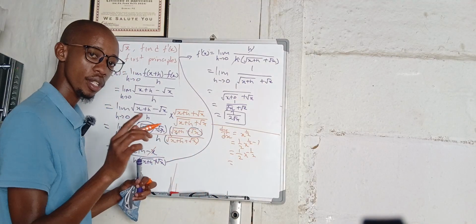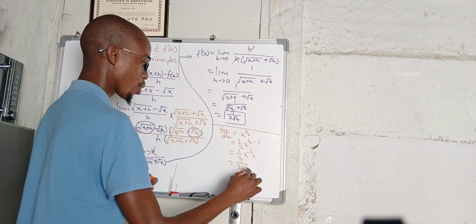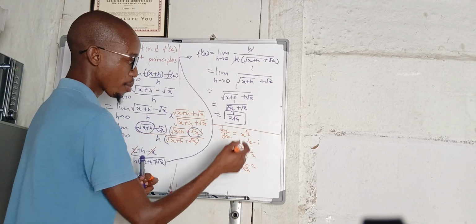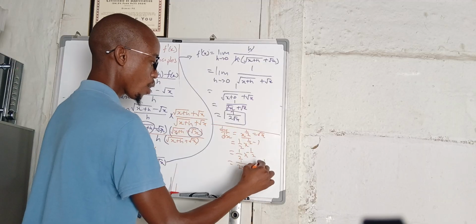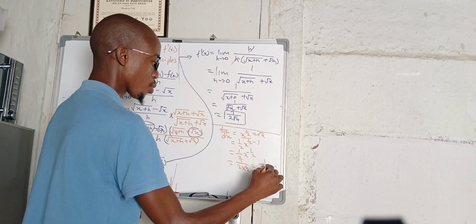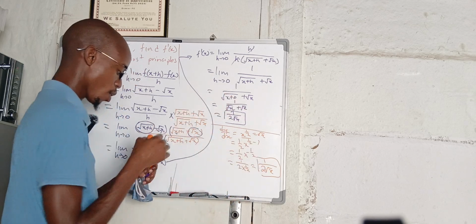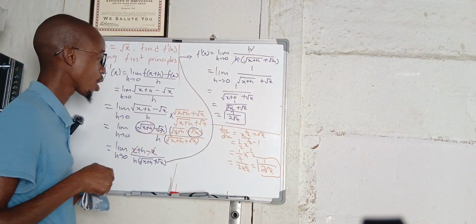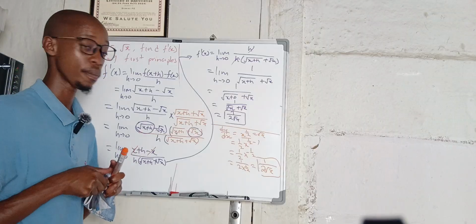I write it as a positive exponent. I'll be having 1 all over 2 x to the power of 1 over 2. And then remember, this is the same as square root of x. So I'll be having 1 all over 2 square root of x. And this is exactly what we got when we used first principles. I'm joking. That is mathematics.